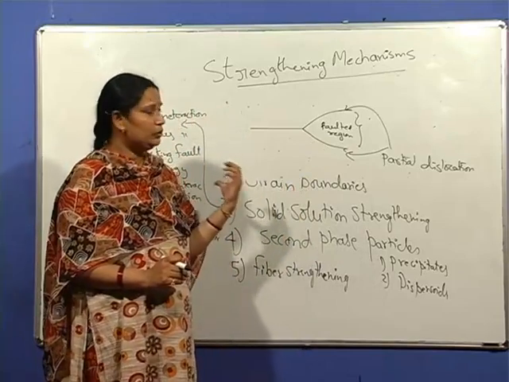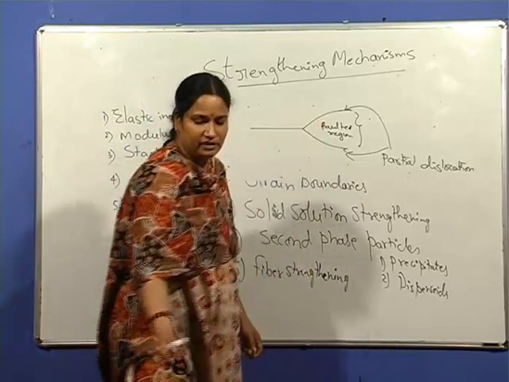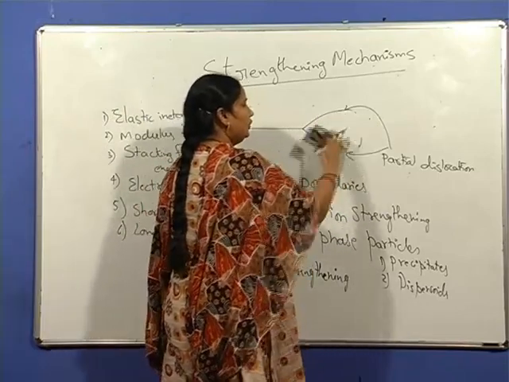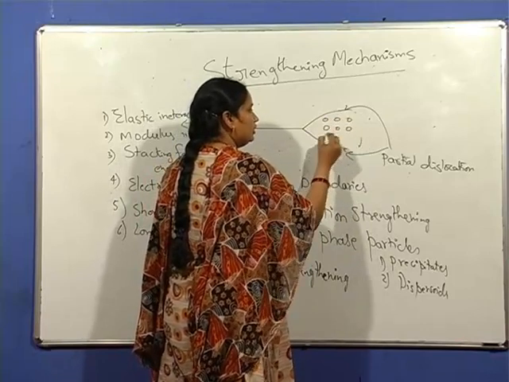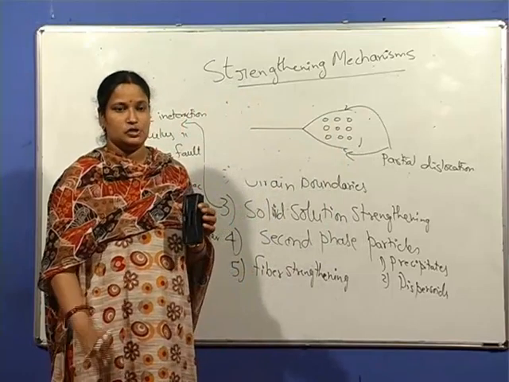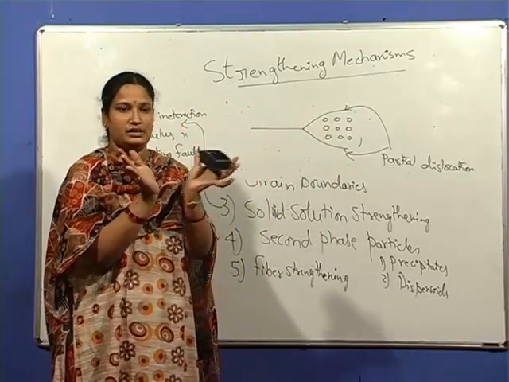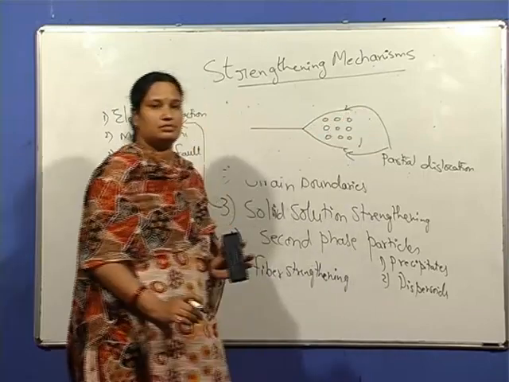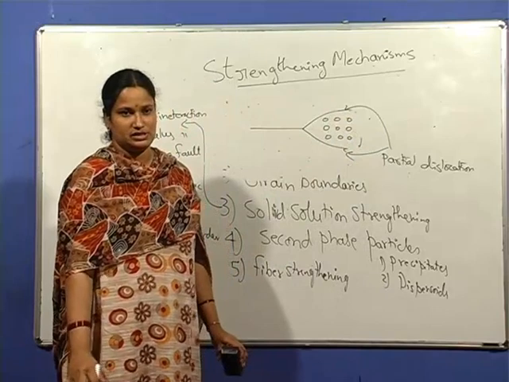The solute atoms segregate into the faulted region of the stacking fault and lower the energy. If the energy is lower, the fault is wider, and there is more separation between the partial dislocations.